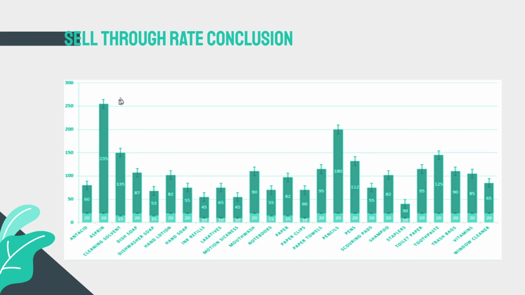Now, the sell-through rate is a calculation that I've thoroughly explained in my full analysis, and basically it is a calculation used to measure the amount of products received from Super Shoppers' manufacturers against the amount of products sold to the customers in a specific period of time. In calculating it, I used the total number of sales, divided that by the number of stock on hand, and then multiplied it by 100 to convert it to a percentage.